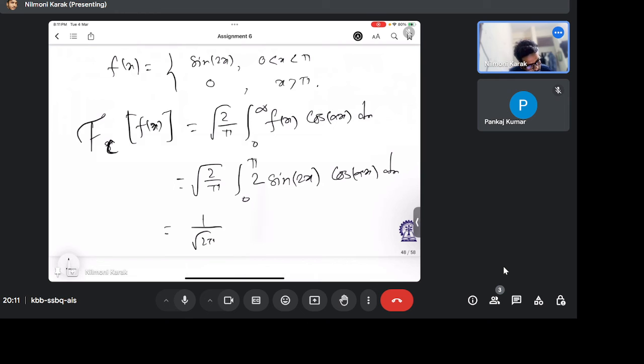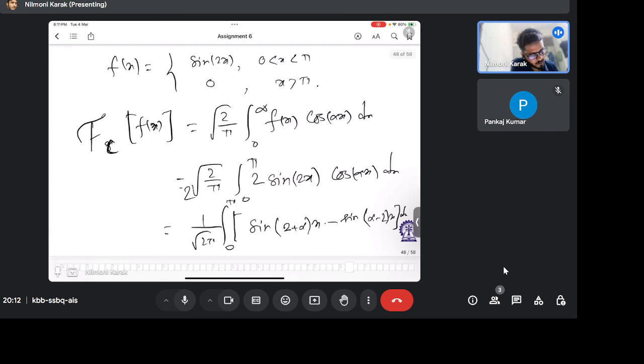So this is 2 sin a cos b. So integration 0 to pi, 2 sin a cos b is sin(a+b), that is sin(2 + alpha)x, plus sin(a-b), which you can write as minus sin(b-a), so sin(alpha - 2)x dx.